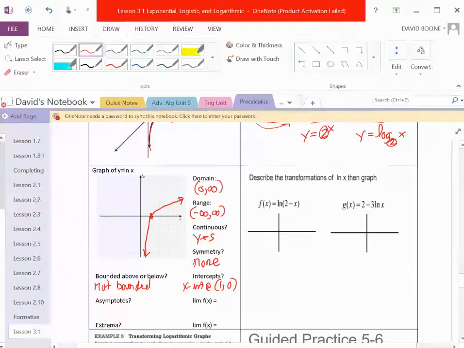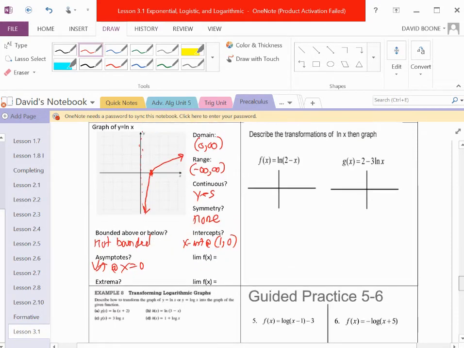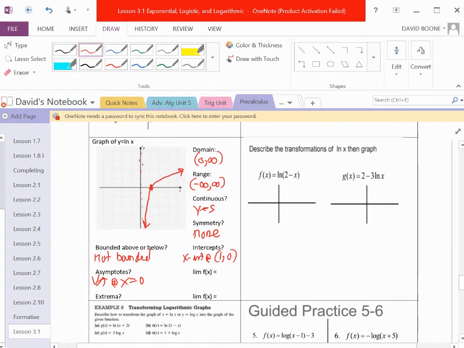Asymptotes, well, there is one right here, and that's a vertical asymptote at x equals 0. And in regards to the extrema, again, there's no local extrema. There's no local minimum or local maximum. Now, as x goes out to positive infinity, this graph continues to go up to positive infinity.